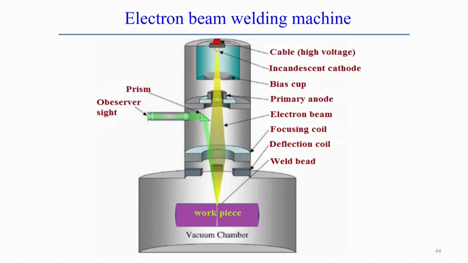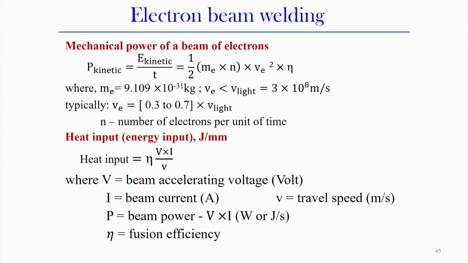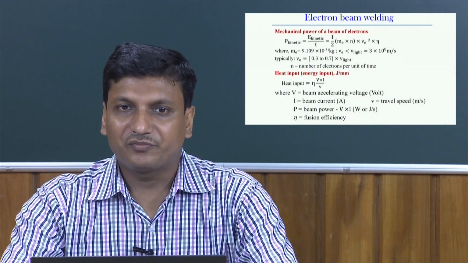Finally, it is focused on the workpiece, which is kept in a vacuum chamber. There is also an observing system to see the position of the workpiece. So, this is a very simple way to present the typical components of an electron beam welding machine. We can then do some basic calculations for electron beam welding processes.